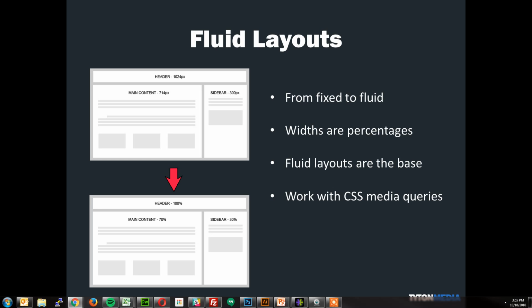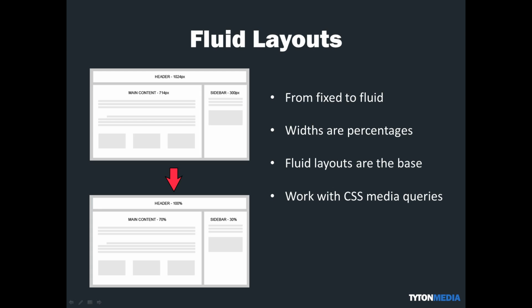So in order to convert your site to fluid layouts, you have to change all your widths from set pixels to percentages. So as you can see from this example here, now our header will be 100% width. That means it will go 100% of the device, no matter what device it is. And the main content is 70% and the sidebar is 30%.